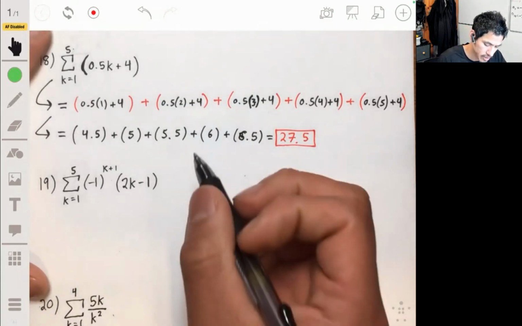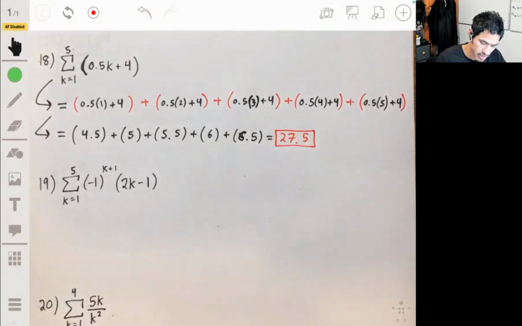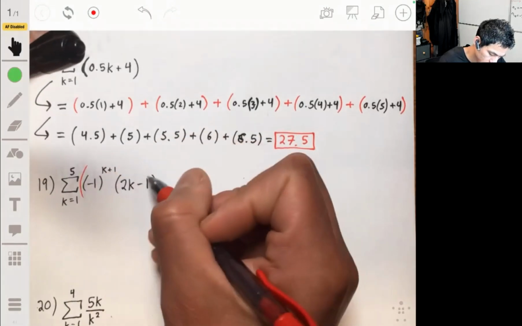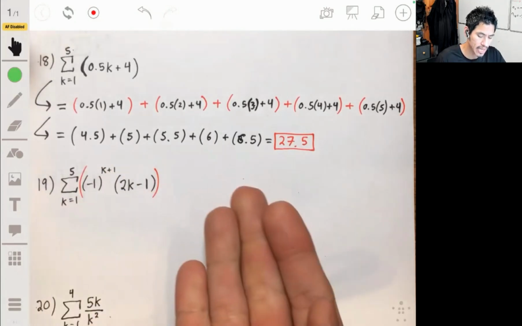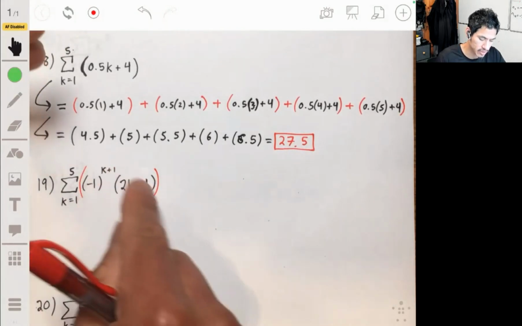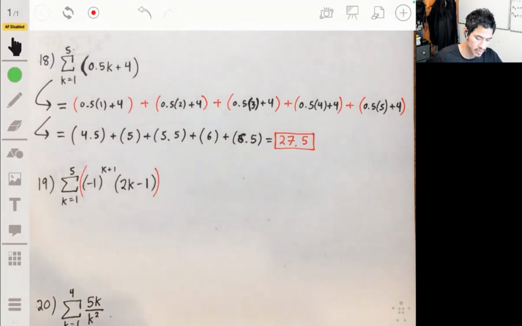All right, number 19. We're gonna add the first 5 terms, and we're gonna plug in 1 into wherever the k's are, add it then to a2, or you plug in 2, and you plug in 3, plug in 4, plug in 5.